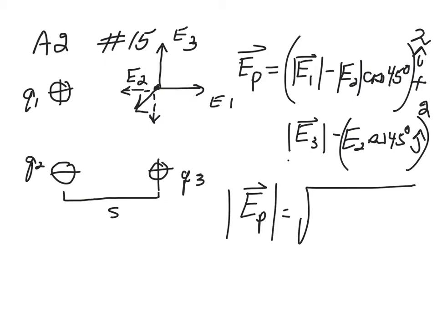And the direction, you can see that these are smaller than these, so these are going to be shortened, but they're going to be equal. So the direction of the final total is going to be along this line, or the 45 degrees from the x-axis.